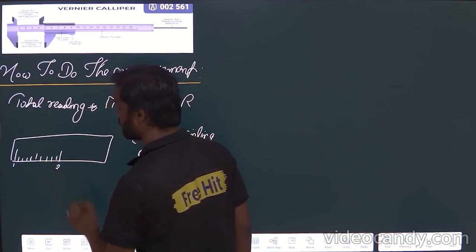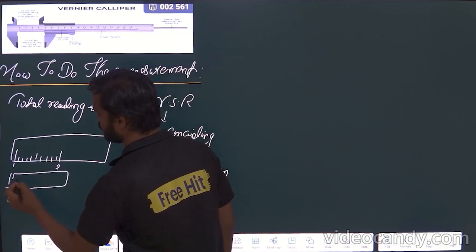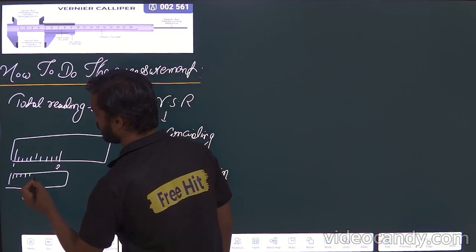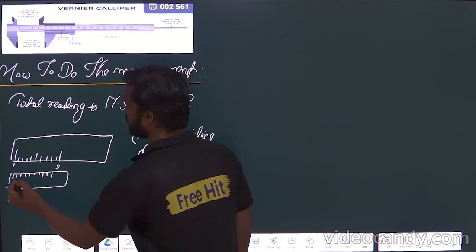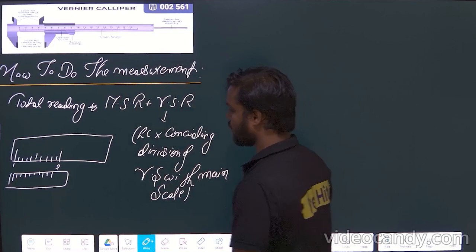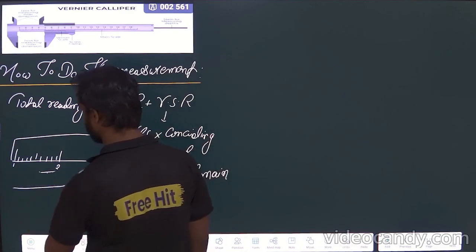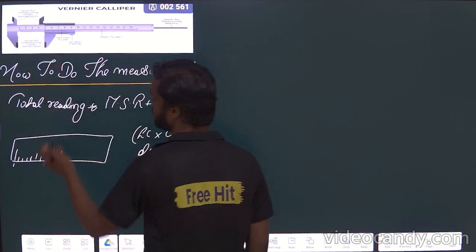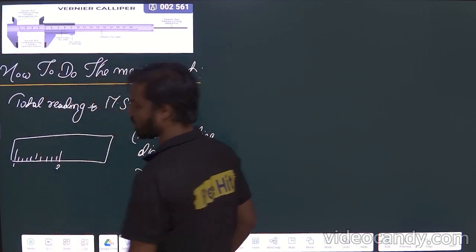After that, suppose there is my vernier scale and this is 0 1 2 3 4 5 6 7 8 9. So suppose you have kept something between these jaws.